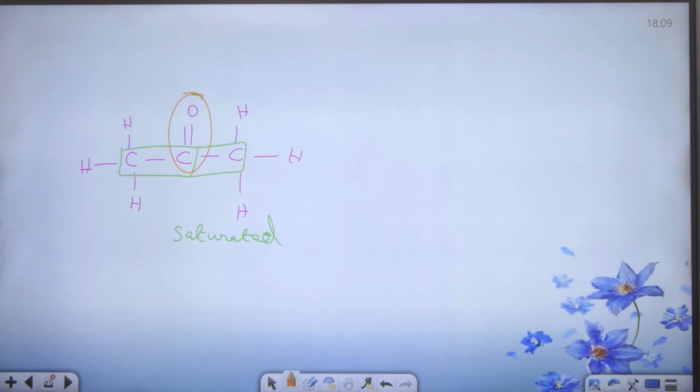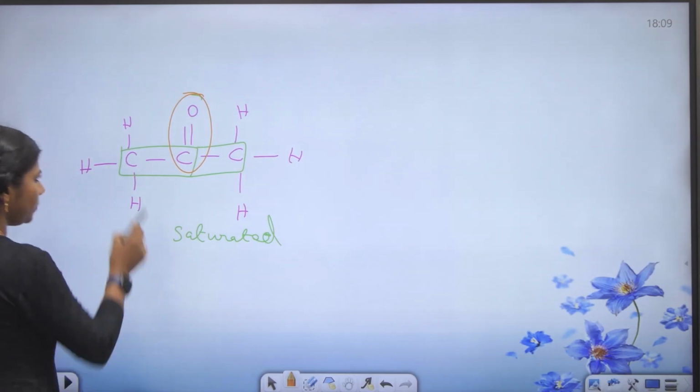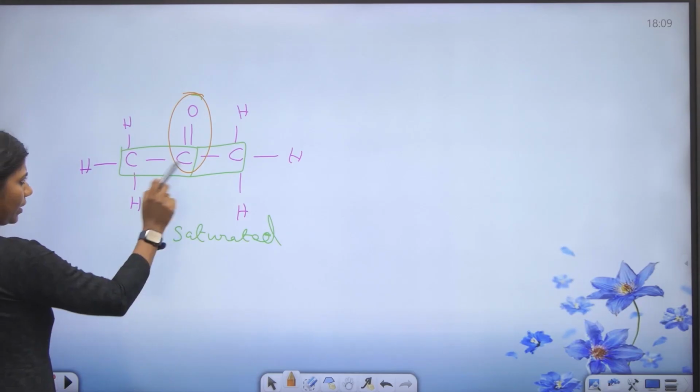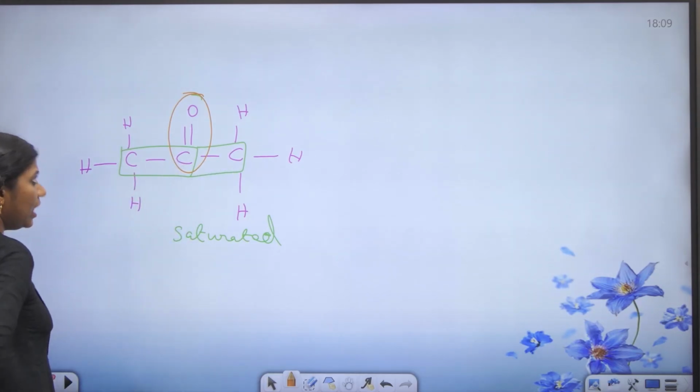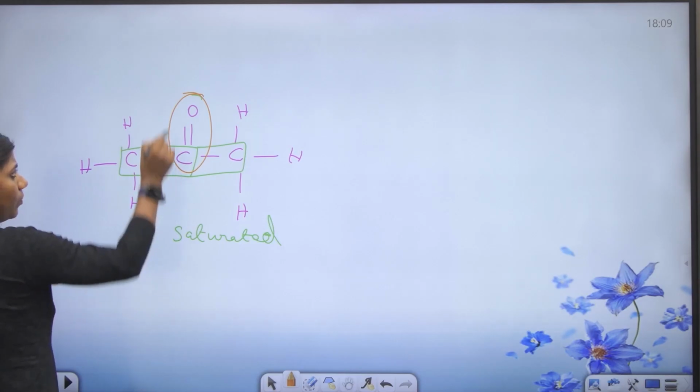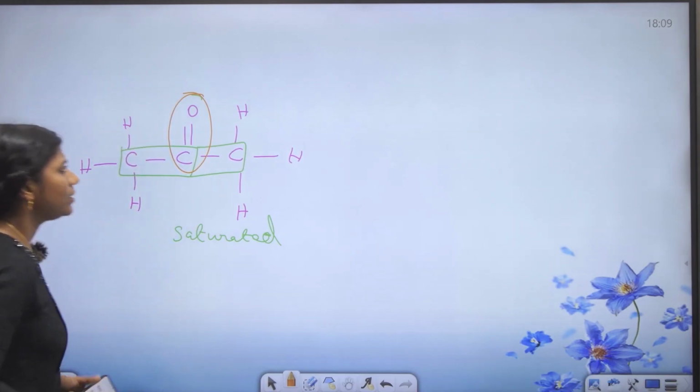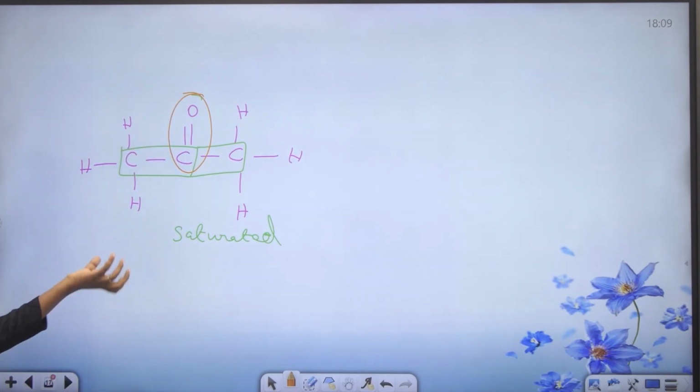This compound is saturated because all carbon atoms are connected by single bonds. Here a carbon-oxygen double bond is present, but saturation concerns only the carbon-carbon bonds. Okay.